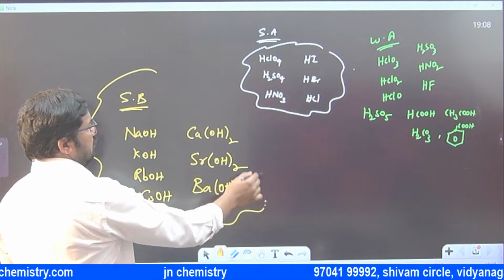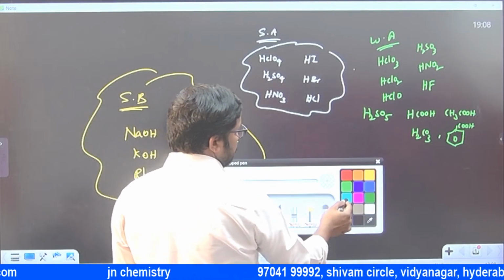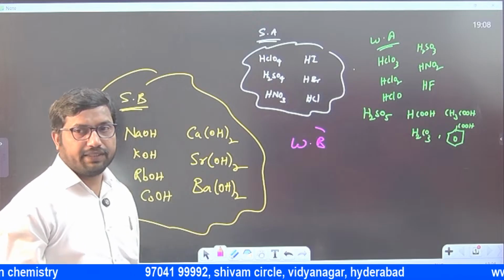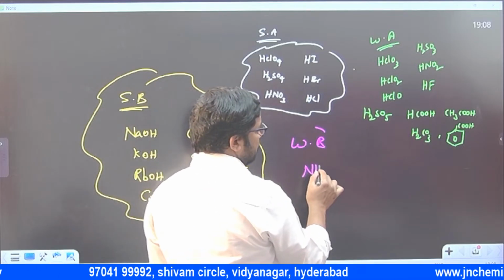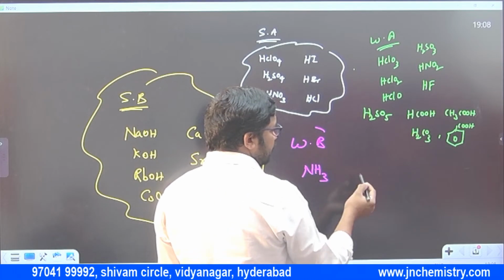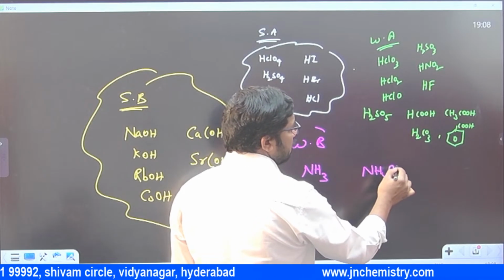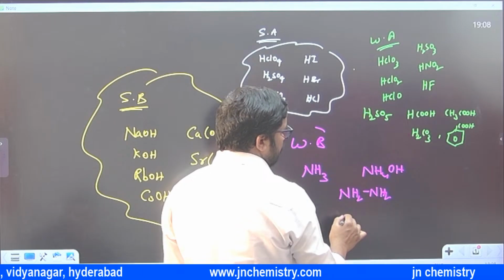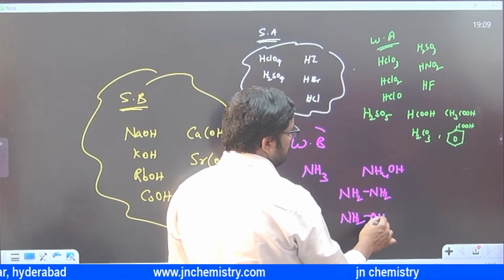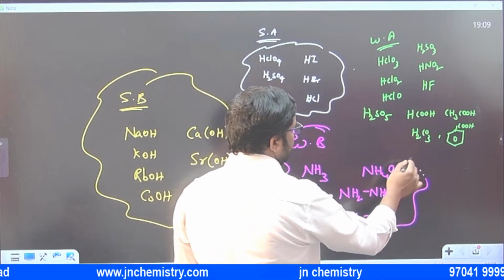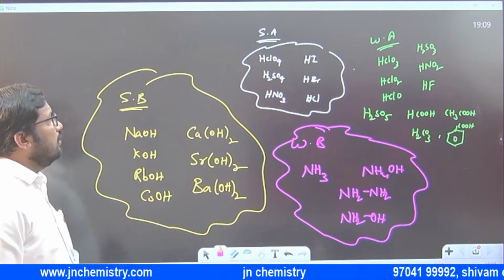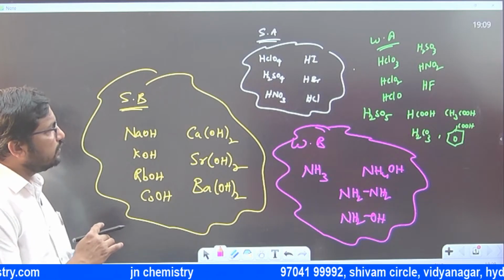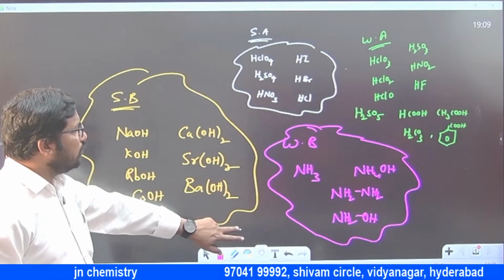And weak bases: ammonia and its derivatives. NH3 plus water gives NH4OH, NH2OH, like that, weak bases. Okay, strong acids, strong bases, weak acids, weak bases. So first we need to know these. I already told you.